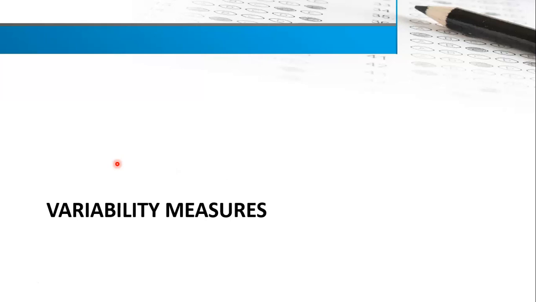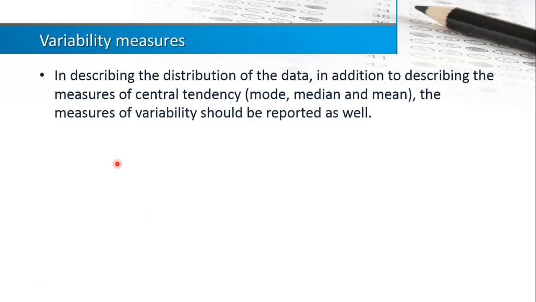central tendency. Okay, while you also need to have the variability measure. So what is this measure? It's not complete if you just report the mode, median, and mean. It needs to be reported with the measure of variability of the distribution.